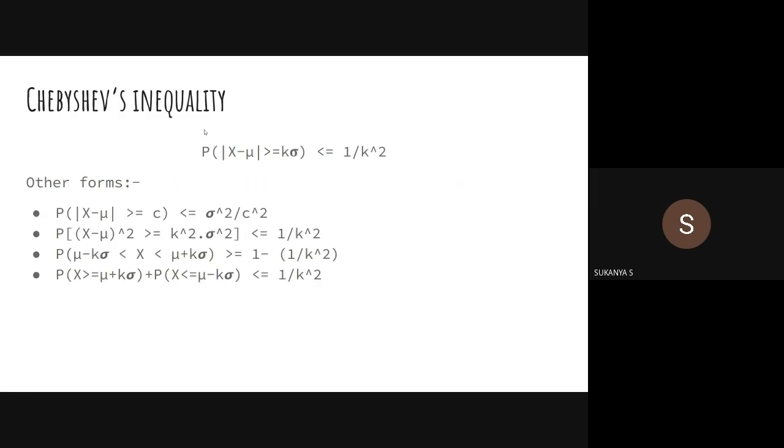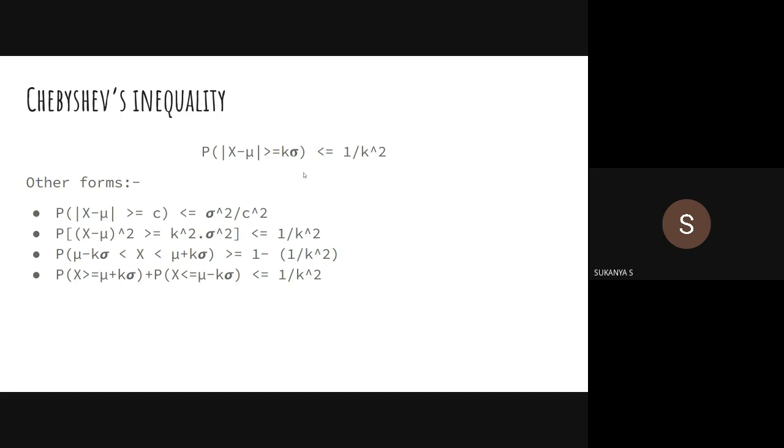And the Chebyshev inequality says that the probability that the deviation of a random variable from its mean, mod x minus mu, is greater than or equal to k sigma is less than or equal to 1 by k square, where mu is the expected value of x and sigma is the standard deviation of x.